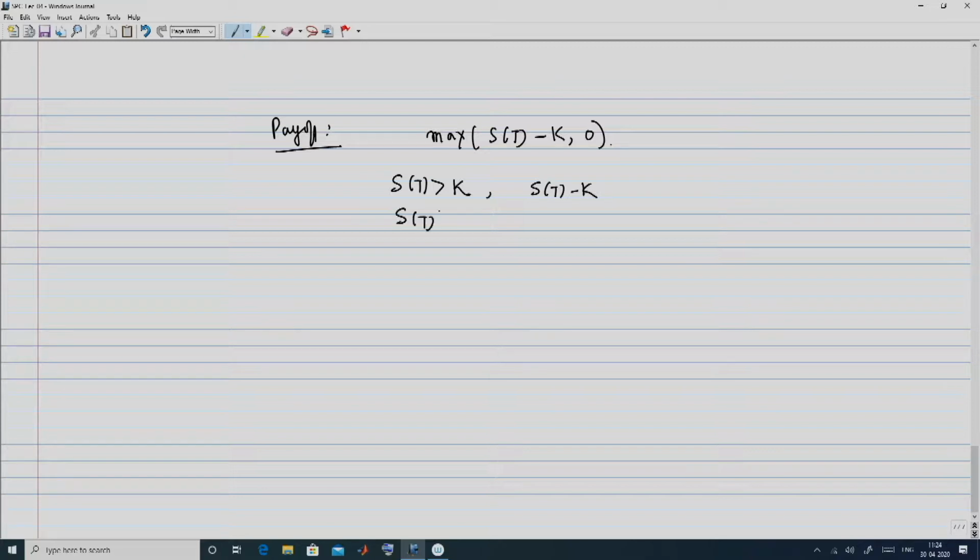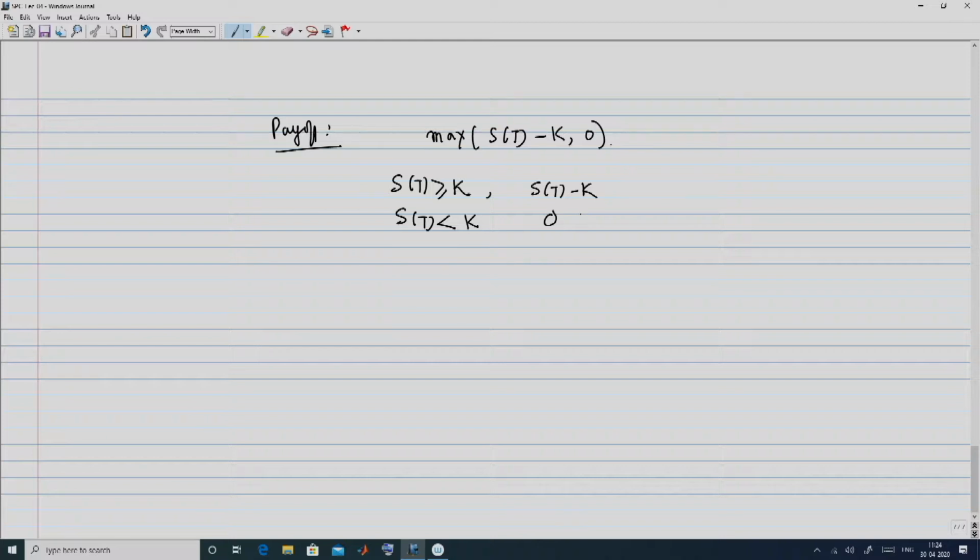However, if St is less than k, the party which has the right to buy will not exercise that right. The reason being that if they execute the right, they have to pay a higher price of k, while they can always purchase the asset at the lower prevailing market price of S of t. So, it does not make sense for them to buy the asset for a price of k which is higher than the prevailing market price at time t equal to capital T.